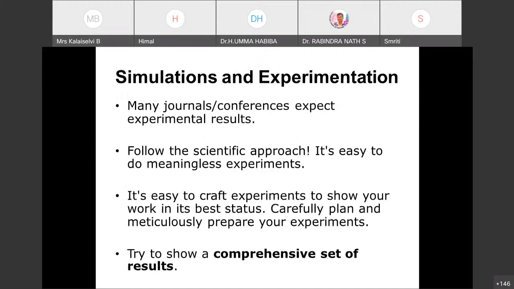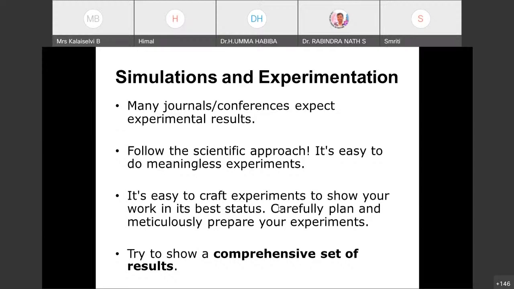Then the results are shown in terms of simulations and experimentation. Many journals and conferences expect experimental results, not only simulations and analysis. So if you have done so, you can report it in the section mentioned as the results and discussion section.